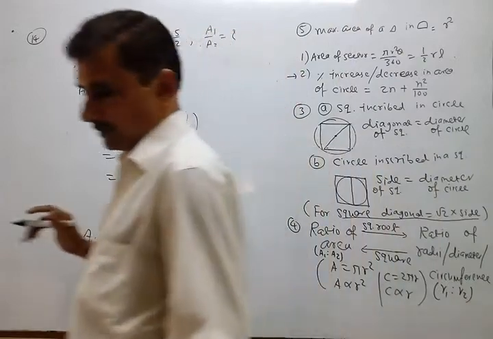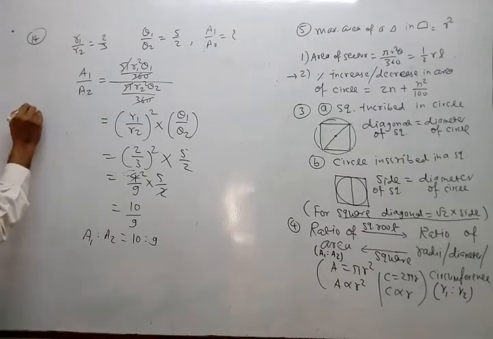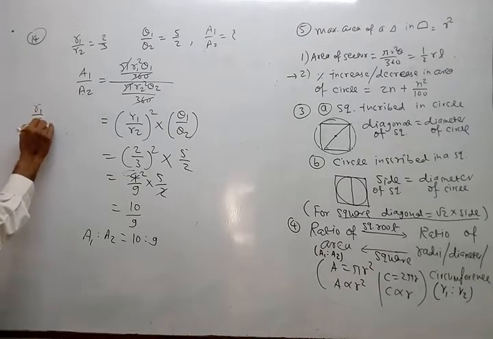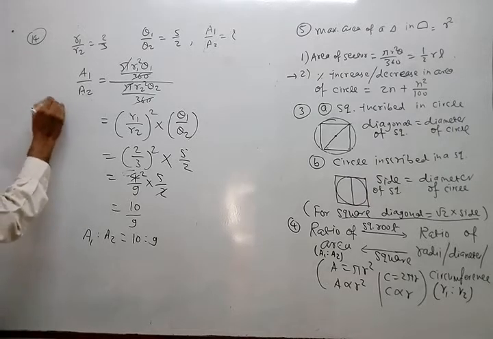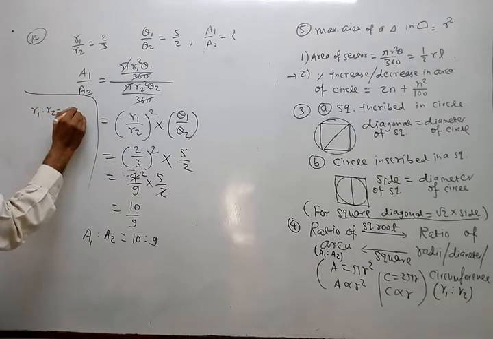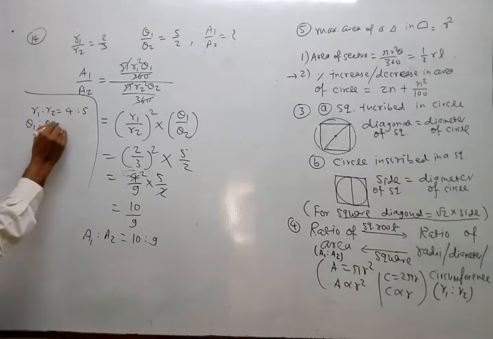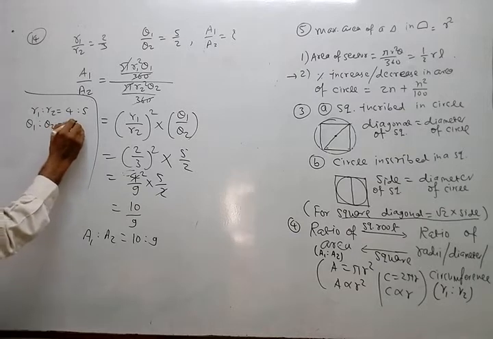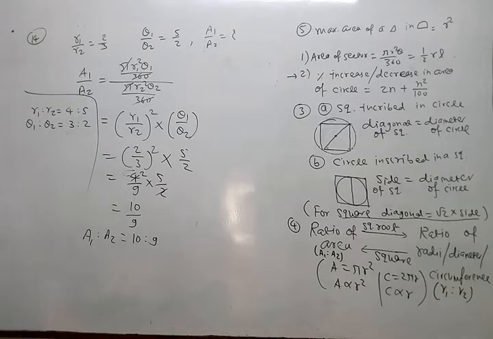Okay. Now again one sum in homework just like this. R1 upon R2 is equal to 4 is to 5, and theta 1 is to theta 2 is 3 is to 2.